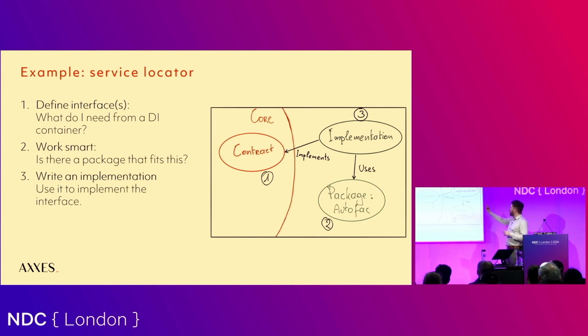And you write that contract in your core. And then you look at available packages on the market. We used Autofac, for instance, at the time. And then writing an implementation that consumes Autofac and implements those very few functionalities that you require from a DI container is actually not that hard to do. It's going to be pretty straightforward.